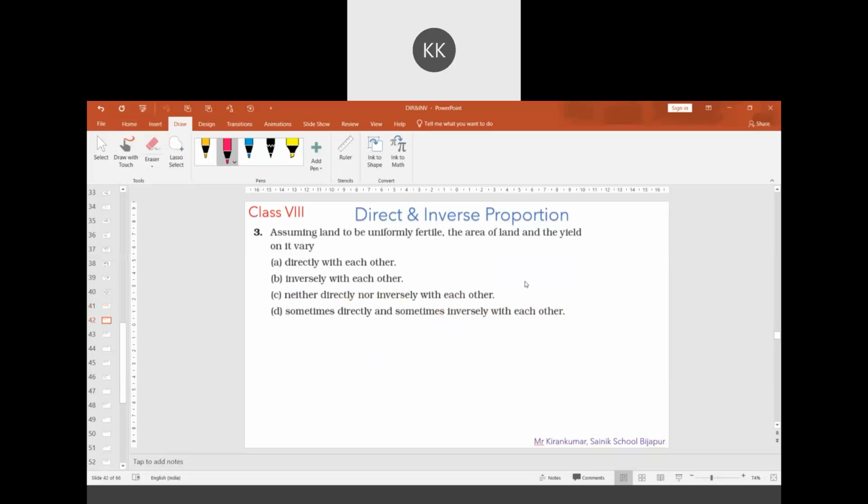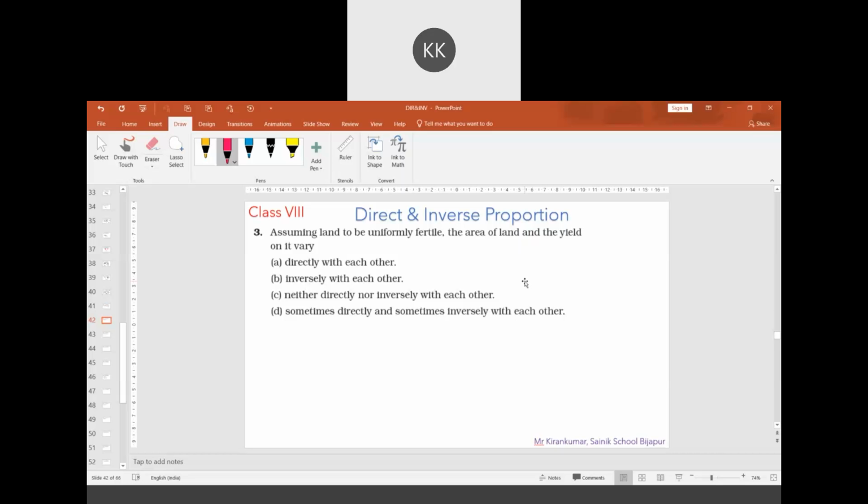Let's move on to question 3. Assuming land to be uniformly fertile, the area of land and the yield on it vary directly with each other, inversely with each other, neither directly nor inversely, or sometimes directly, sometimes inversely with each other. What do you say? Sir, directly with each other.